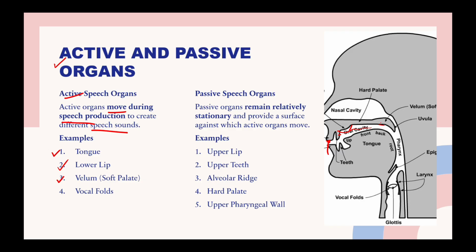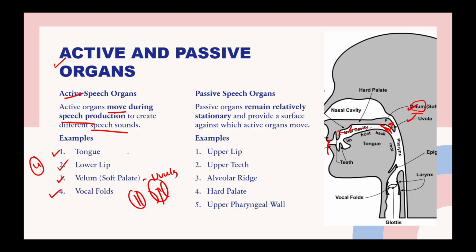The velum, or soft palate: from here you can see the movement, when it rises the velum also rises, and when it is lowered the velum is also lowered. So the velum and the uvula are also active organs. And next we have the vocal cords; either they are close or they are wide apart.